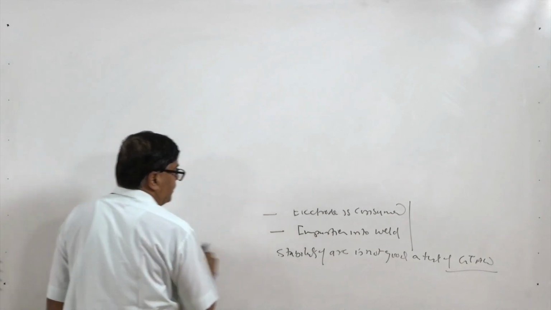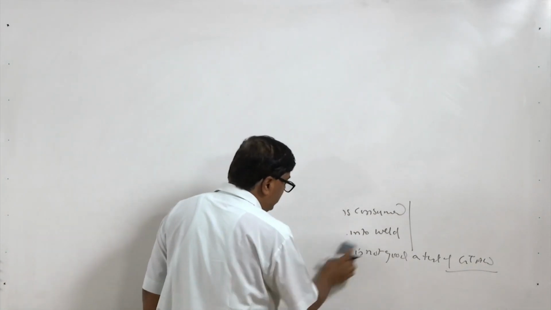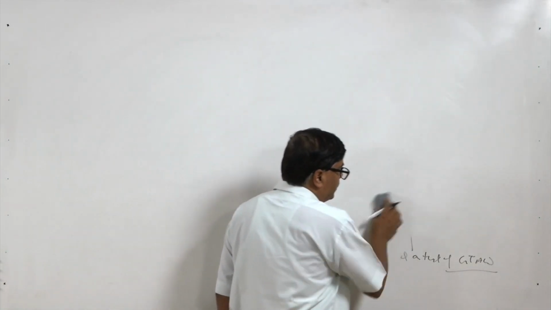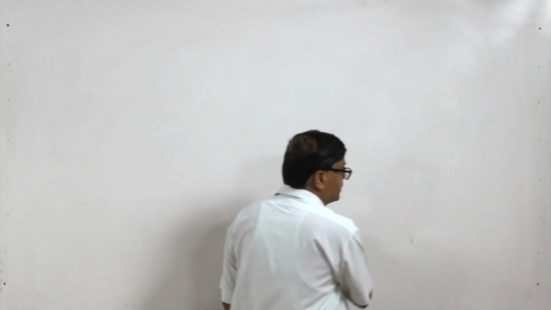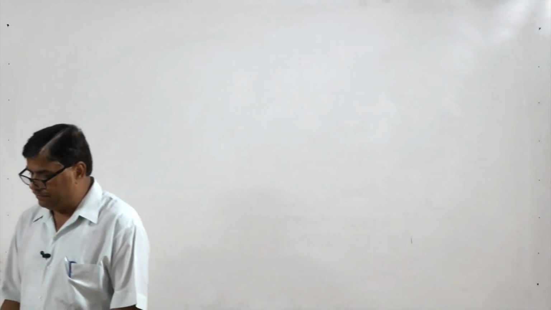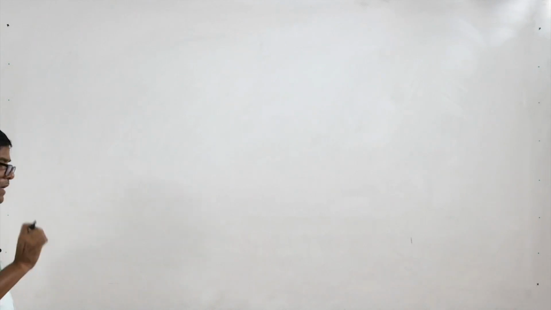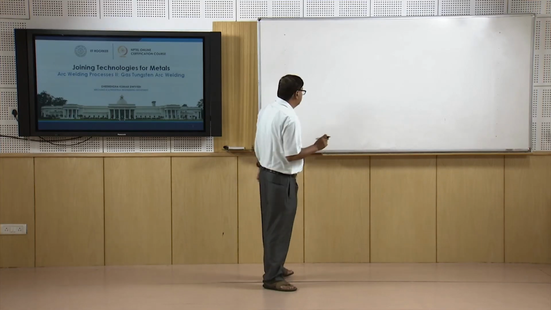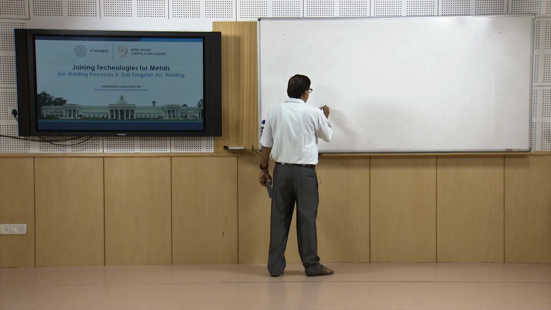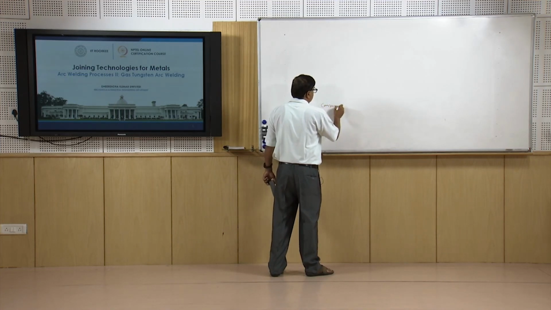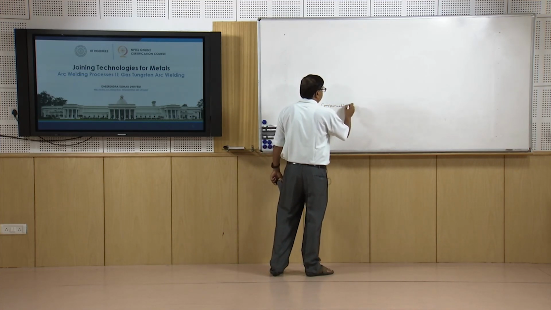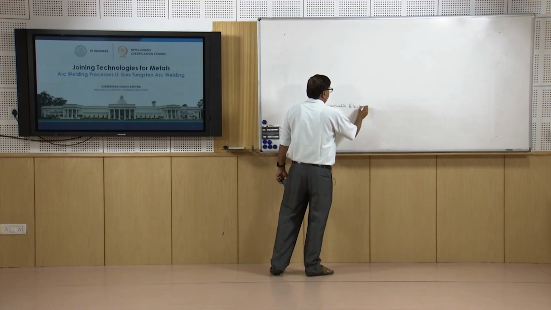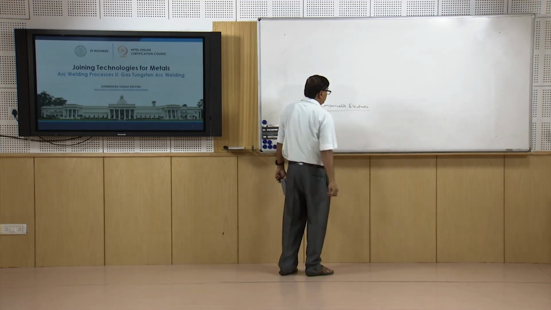Since the quality of the weld in terms of oxygen and nitrogen content is quite good, the process is very much commercially used. The reason being that the process uses a consumable electrode.